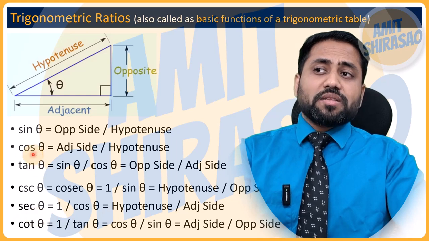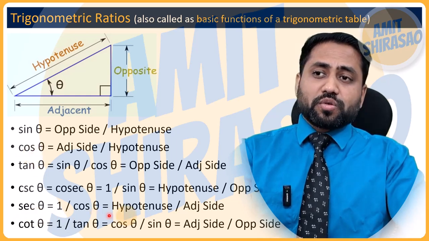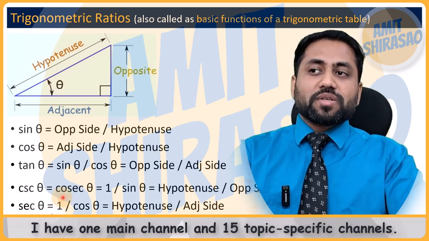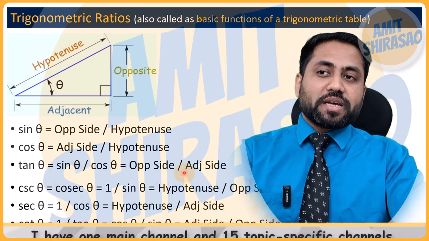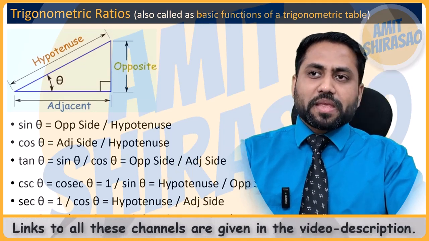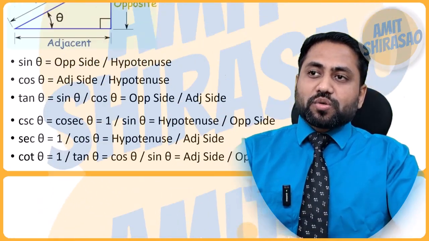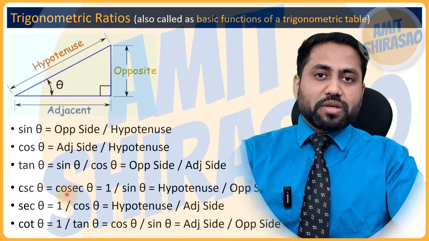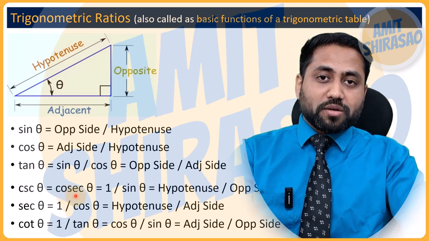Sec theta is the inverse of cos theta, so you will get hypotenuse divided by adjacent side. And cot theta is the inverse of tan theta, so you'll get adjacent side upon opposite side. Got the idea? Now I'll also emphasize that cosec theta, when I was young, we used to write it as cosec, the whole thing.